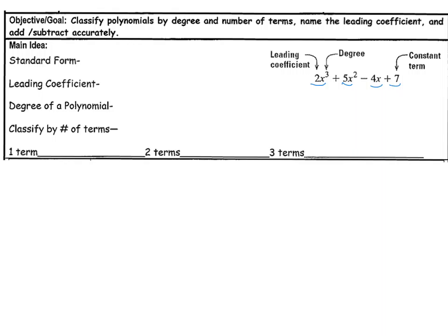All right, so standard form. Let's do that definition first. Standard form is the order in which you're going to write your answers. Ax squared plus bx plus c. A, b, and c are numbers. So an x squared has more authority.